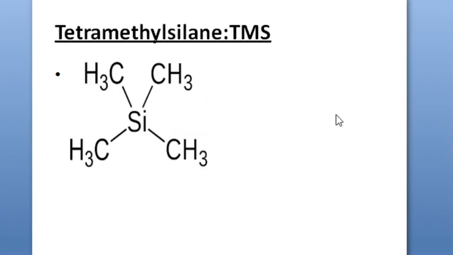In NMR, we get a zero signal for tetramethylsilane. The line that is obtained for tetramethylsilane is taken as the reference line, or it is taken as 0. So the signal for tetramethylsilane comes upfield to most of the hydrogens in carbon compounds.